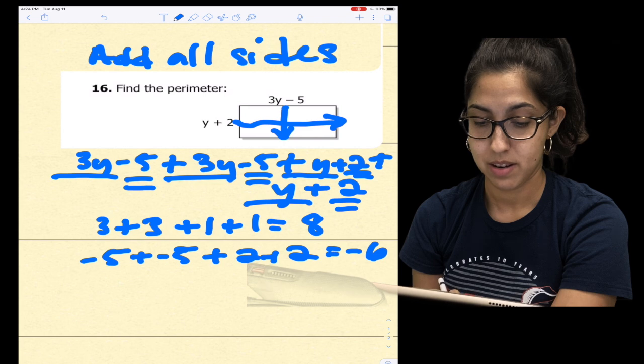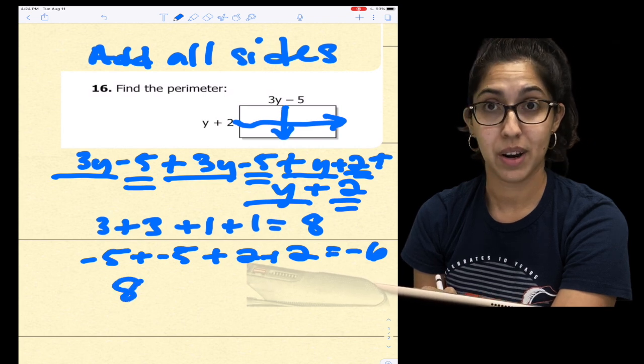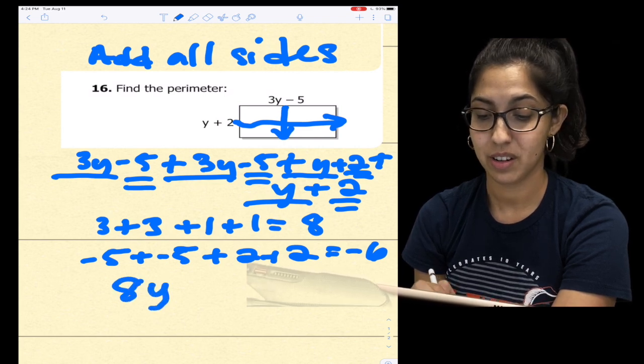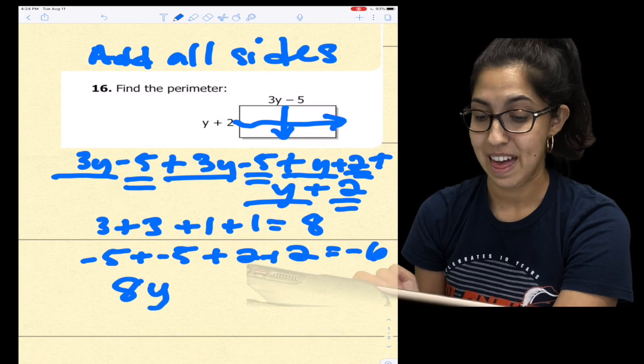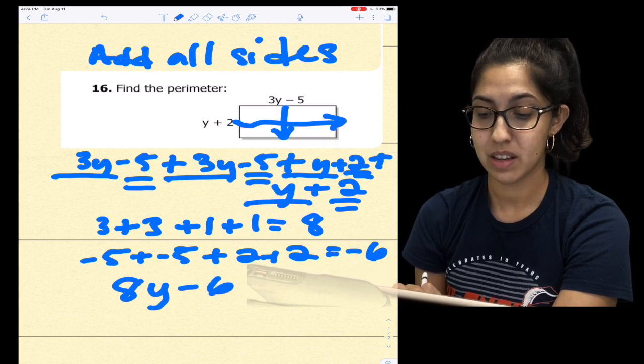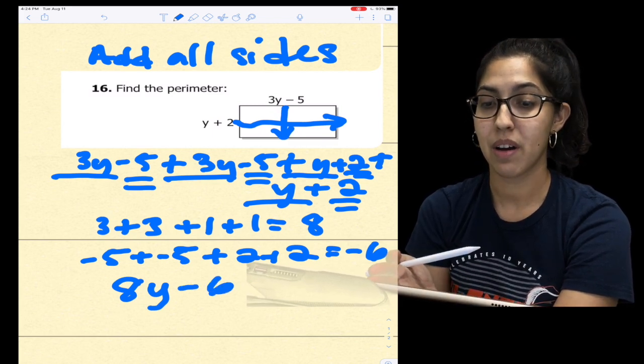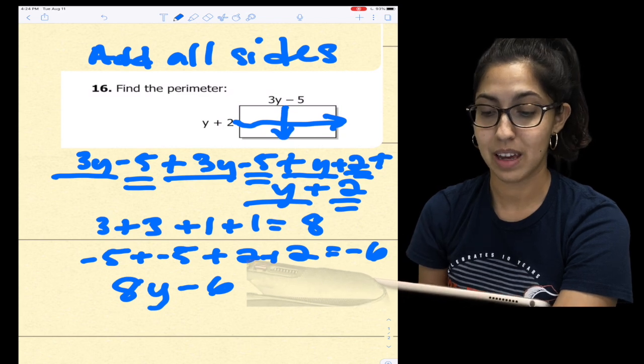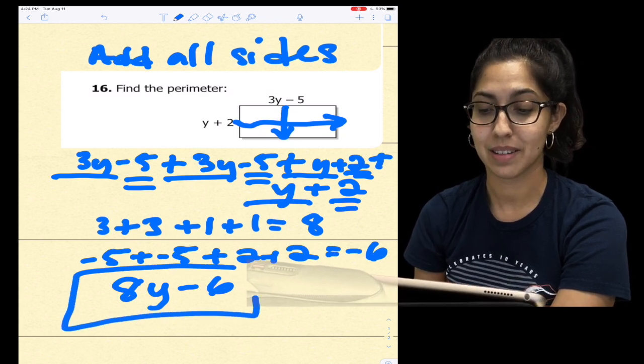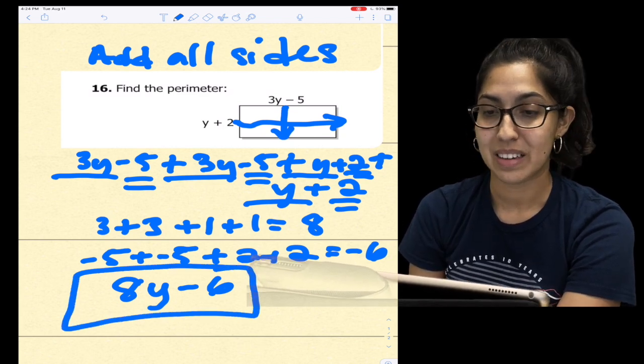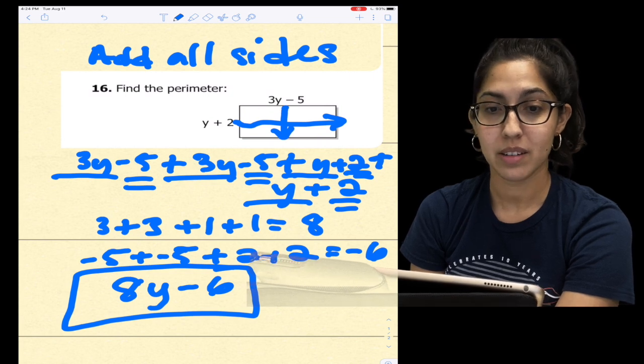So we have 8 goes with our variable, so that is our coefficient. It goes with our variable y, and then our constant is negative 6. So therefore the perimeter of this rectangle is 8y minus 6, okay? And that's pretty much all we have for that.